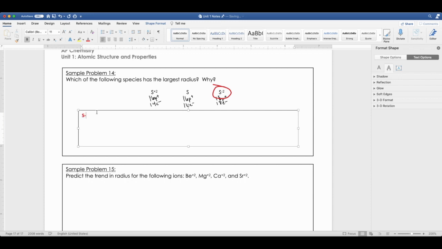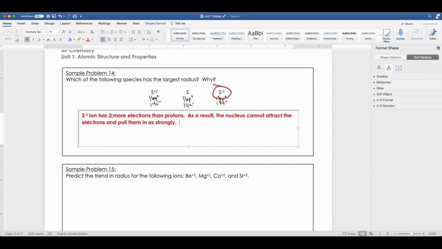So we could say the sulfide ion has 2 more electrons than protons. As a result, the nucleus cannot attract the electrons and pull them in as strongly.